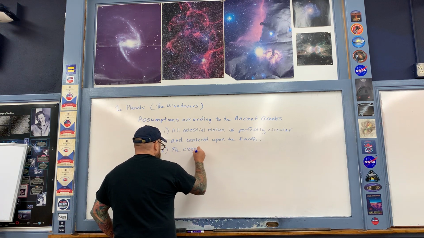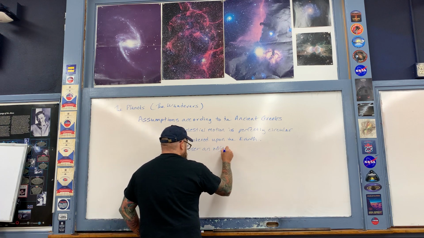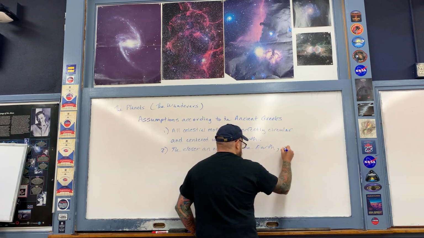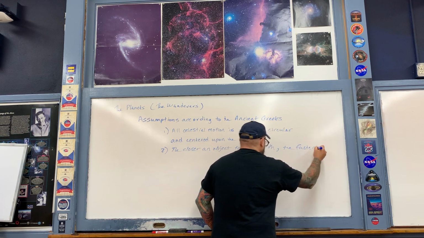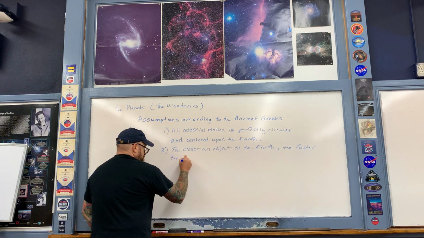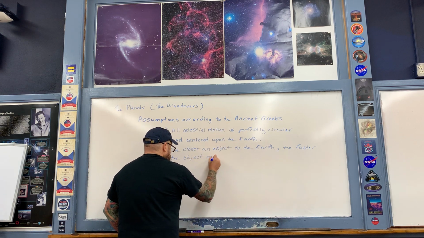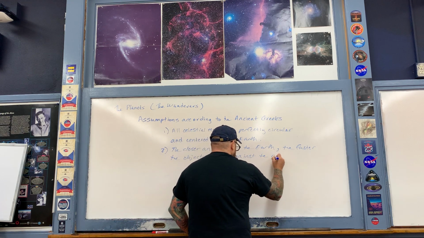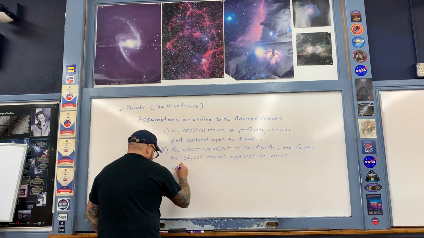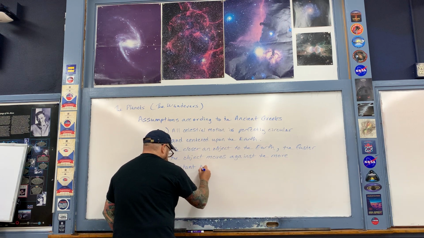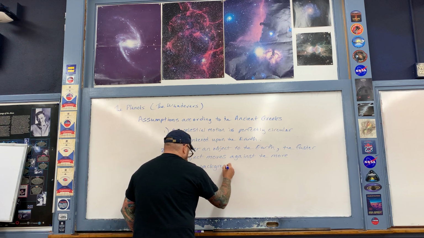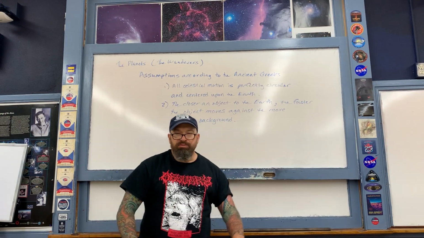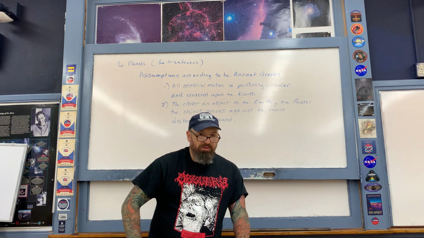The closer an object to the Earth, the faster the object moves against the more distant background. Once again, if you make these assumptions, the following picture emerges, what's called the Aristotelian Universe.